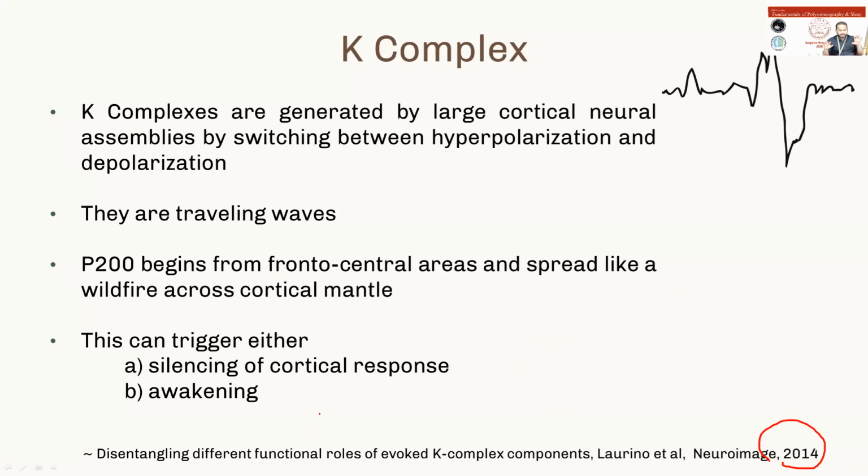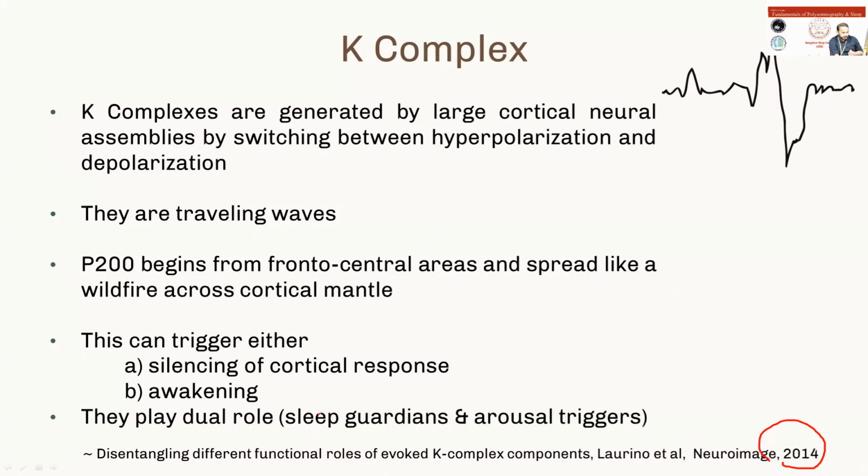On the other hand, because of the survival part of the circuitry, when there is some external input, it should make us go to the wake circuitry as well. So the same phenomenon, the K-complex, can fork, and one route leads to stabilizing sleep while the other results in waking up. That's the dual role played by the K-complex.